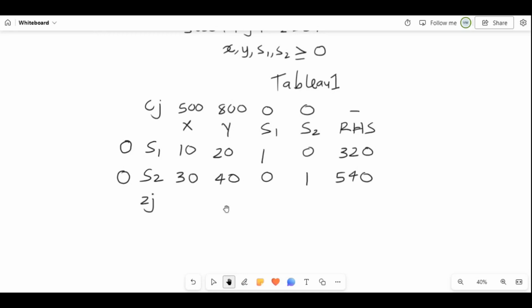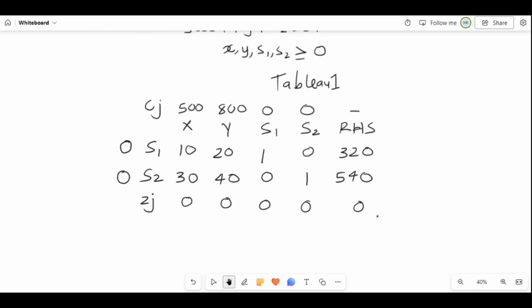So if I want to get the first value of this ZJ row, I'll take 10 times 0 plus 30 times 0, which is 0. 20 times 0 plus 40 times 0, which is 0. 1 times 0 plus 0 times 0, which is 0. 0 times 0 plus 1 times 0, which is 0. And 320 times 0 plus 540 times 0, which is 0.